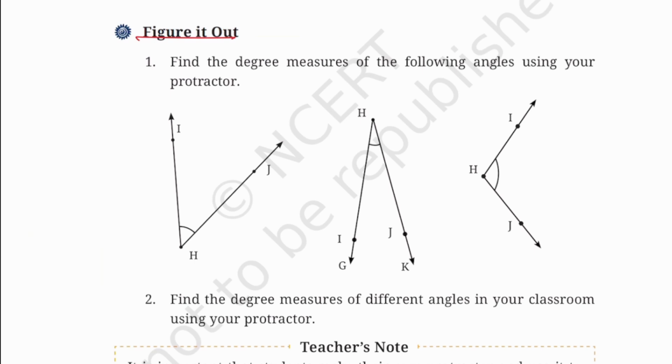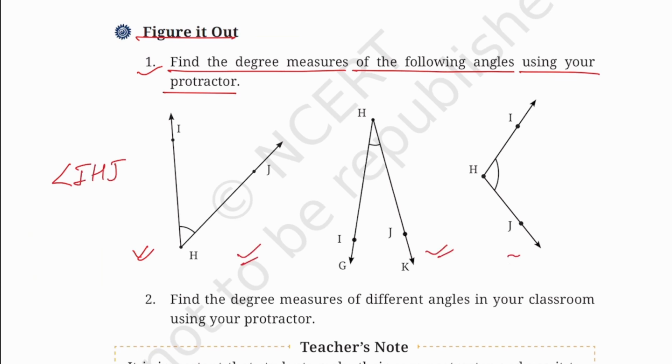Figure it out. 1. Find the degree measures of the following angles using your protractor. You have to use your protractor to find the measure of angles I, H, J in all the three pictures. 2.